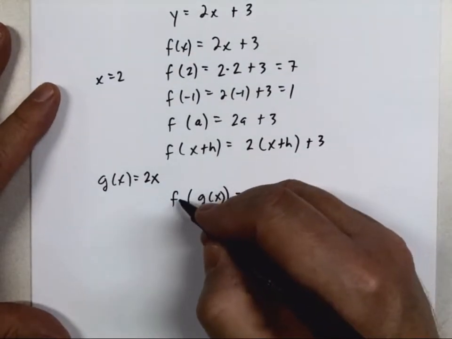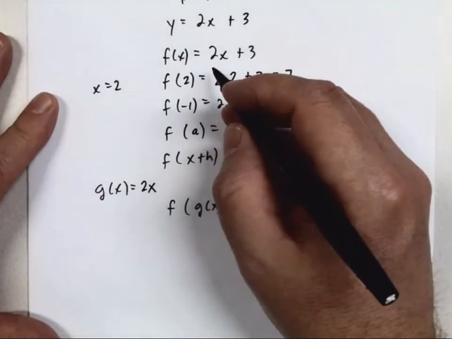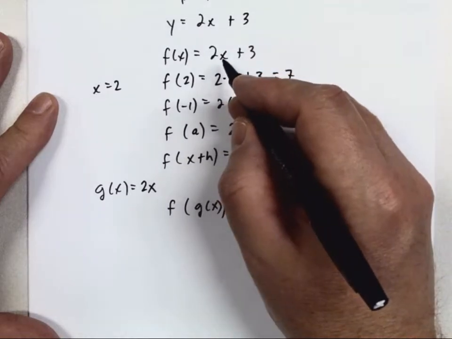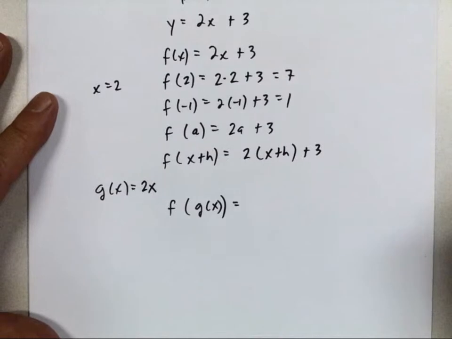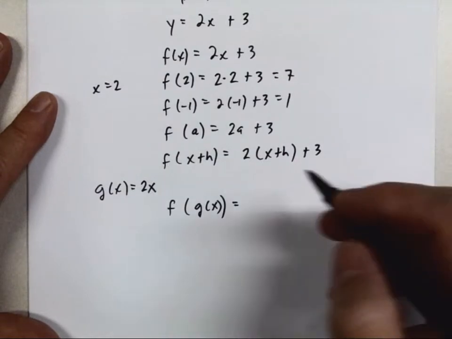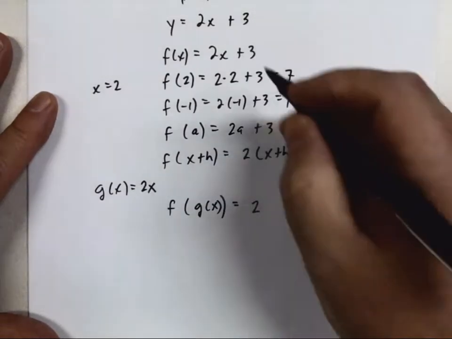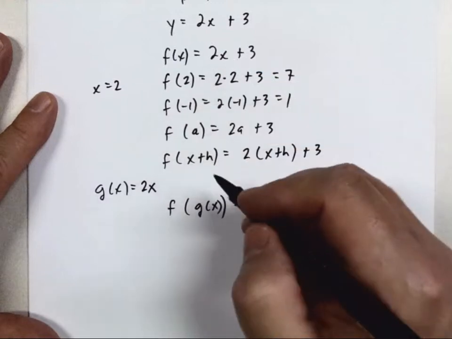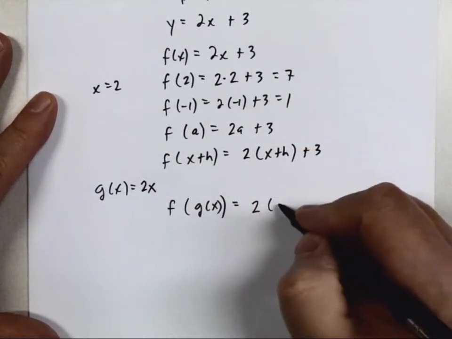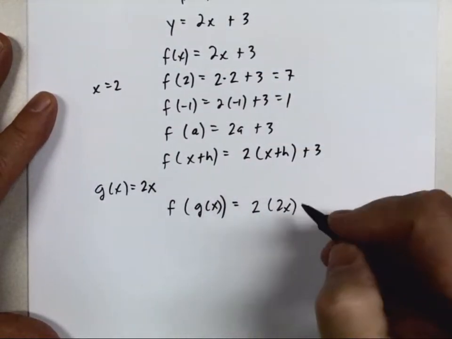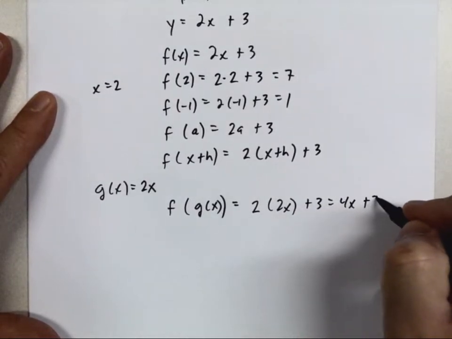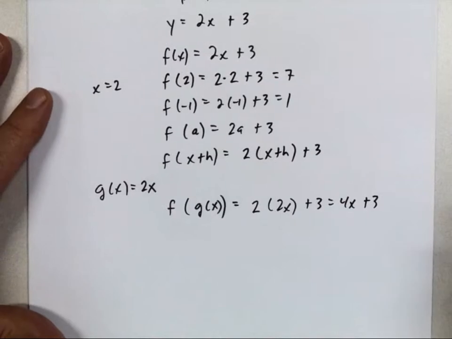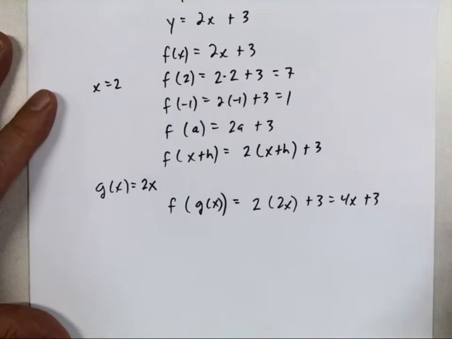Well, this means you take your f function, and every place you have an x, you replace it with the whole g function. So 2 times x, instead of x, you replace it with the g function, which is 2x. So f of g of x would be 4x plus 3.